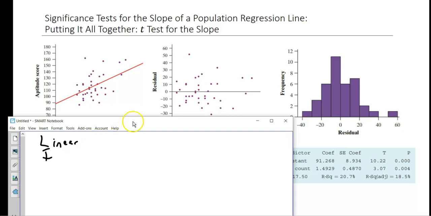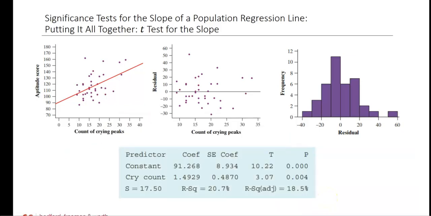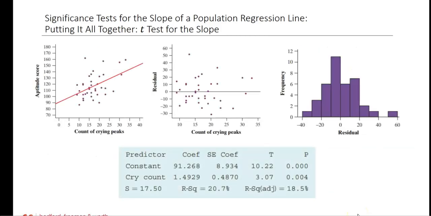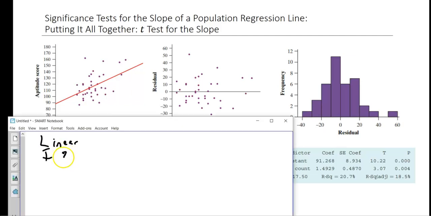So less than 10% condition, I forgot how many folks were sampled, does it say? So there were 38 randomly selected infants. So 38, okay, so let's go back to there. So 38 is less than 10% of all infants in the population.